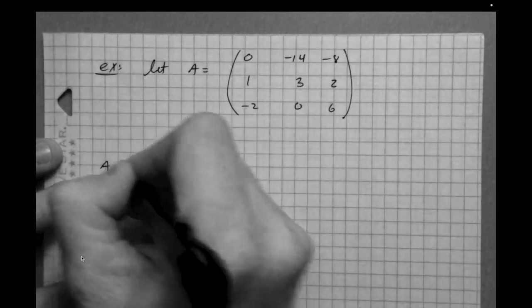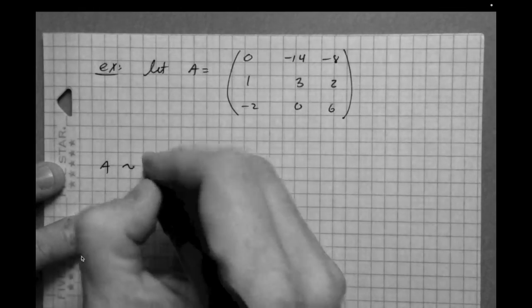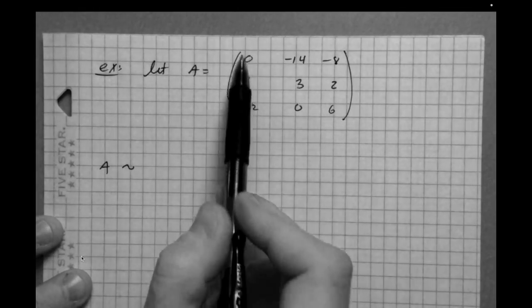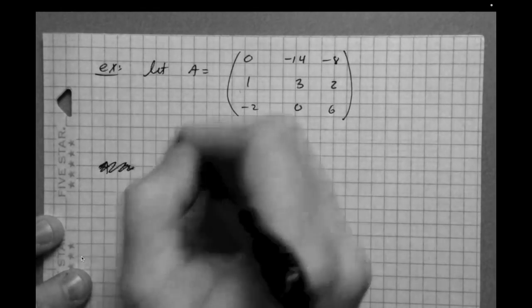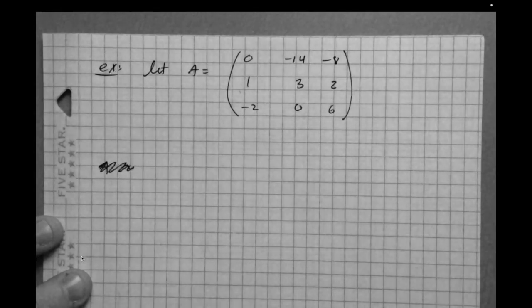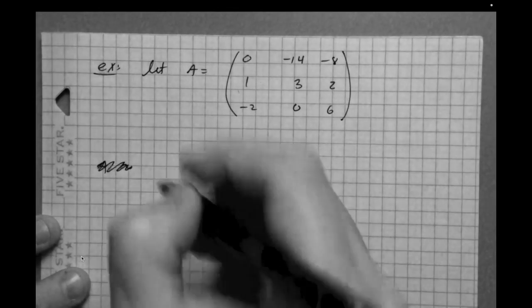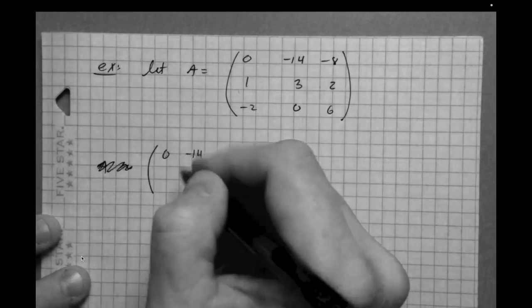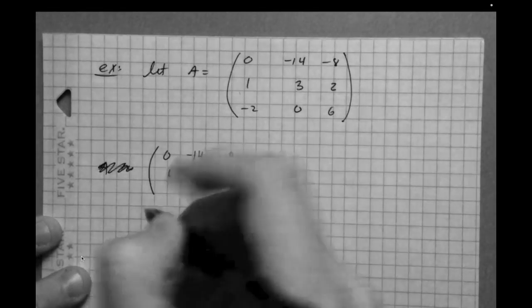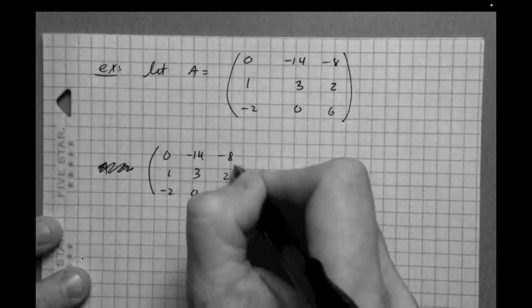Okay, so we'd say A is equivalent to, and the key thing here is bookkeeping. Just don't lose track of the operations that you've done. So let me be careful here: 0, -14, -8; 1, 3, 2; -2, 0, 6.